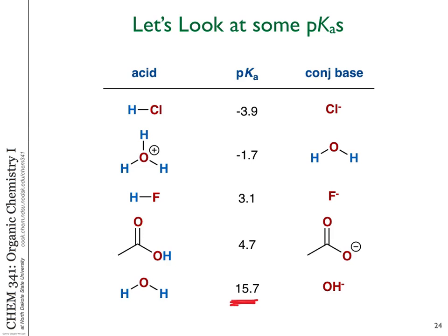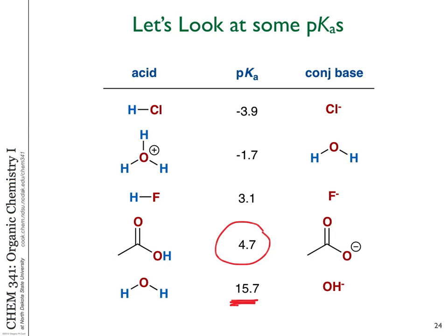All right, if you look at something like acetic acid, which is right above it, it has a pKa of about 4.7. So acetic acid is significantly more acidic than water. How much more acidic? How many times more acidic? Oh, these are pKa's, right?